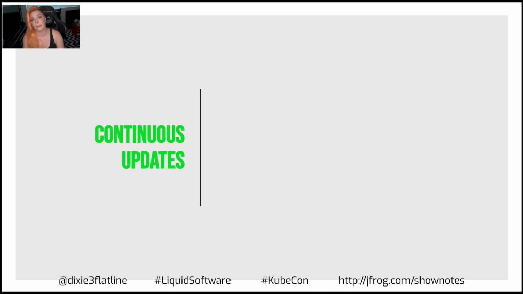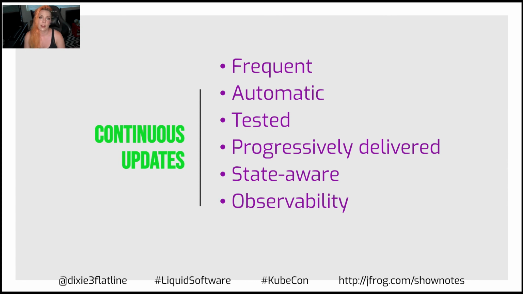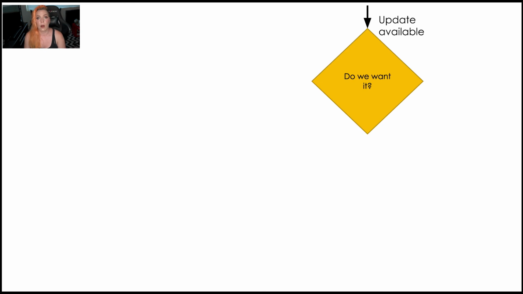So to recap, continuous updates are frequent, automatic, tested, progressively delivered, state aware, observable, and for extra credit, support local rollbacks. Where does that put us on our decision tree? An update is available. Do we want it?